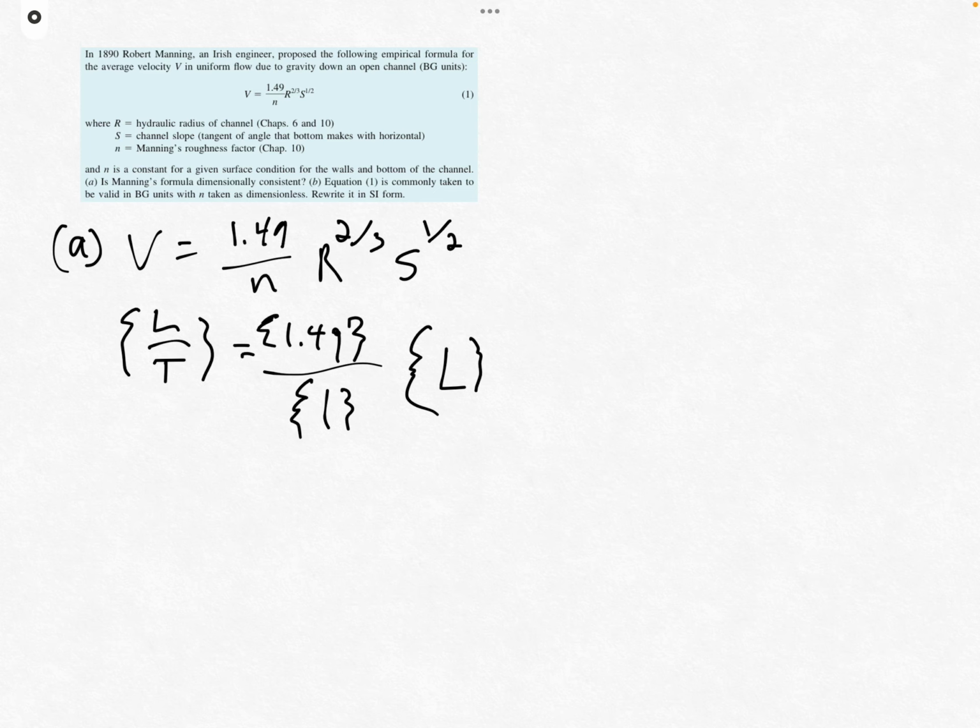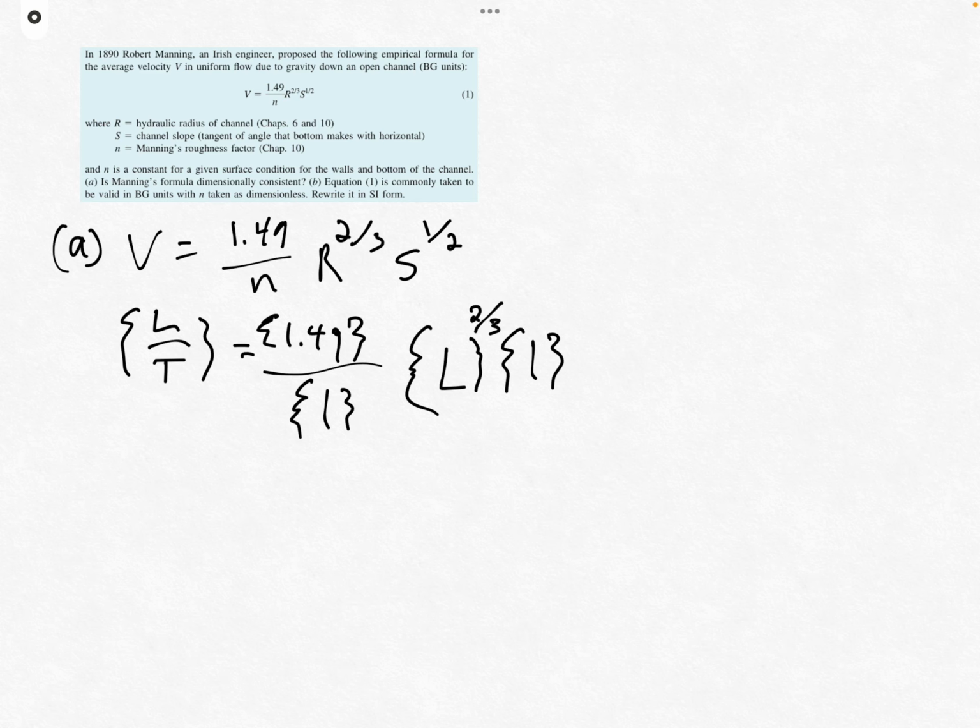And then S to the 1/2. Now S is channel slope, so tangent of the angle that the bottom of the channel makes with the horizontal. And that is typically given as a non-dimensional parameter as well. So it's also going to have dimensions of 1. And I forgot on the L, that's actually going to have to be raised to the 2/3 power.